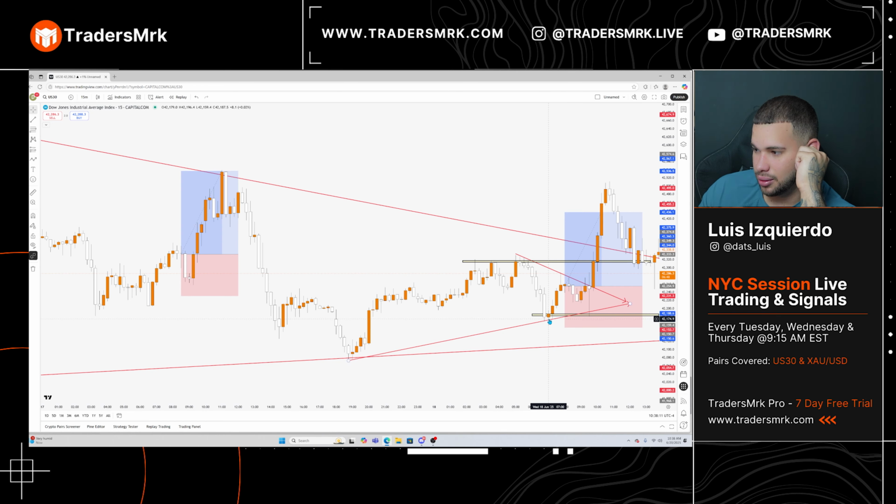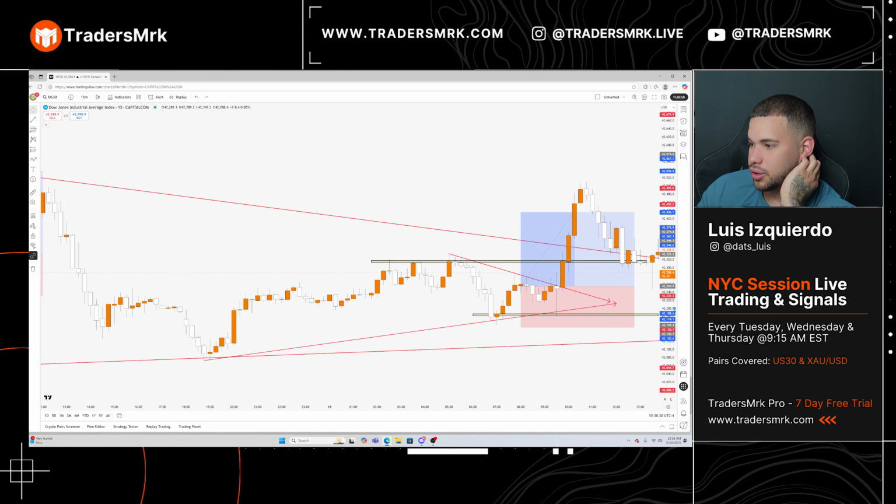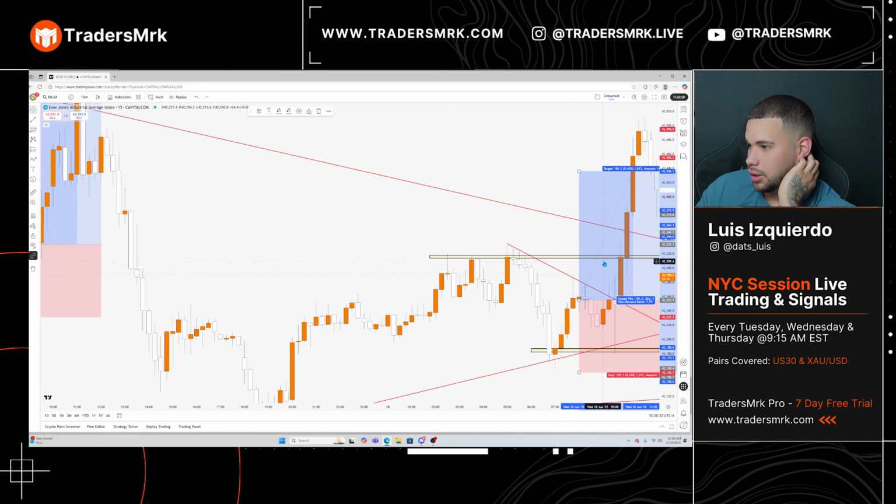It came down, did not touch the bottom, touched this new support here, then went up and did not create a new resistance, meaning it didn't break past this line right here. Then it came down, went up and tried to break through, but as you can see, let me lock this.